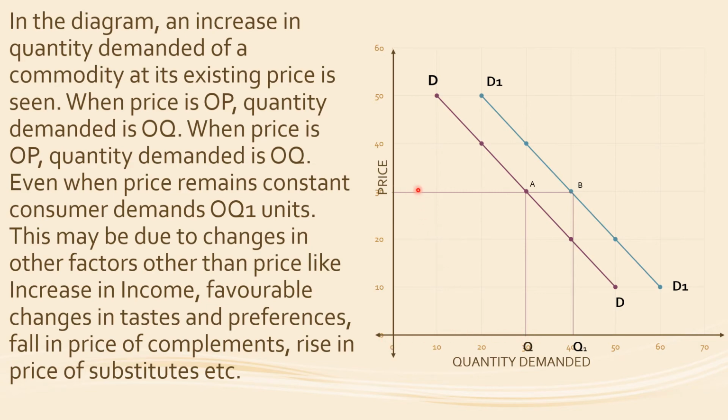Even when price remains constant, the consumer demands OQ1 units. This may be due to changes in other factors other than price, like increase in income, favorable changes in tastes and preferences, fall in the price of complements, rise in the price of substitutes, and so on.